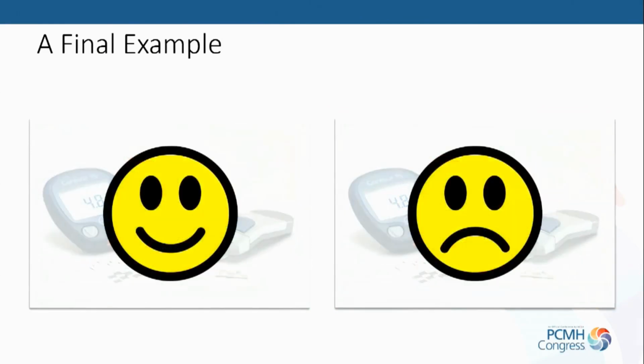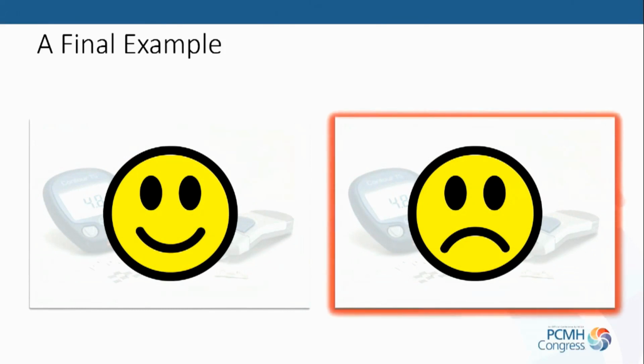So it turns out that that person on the right just lost her job. She lives in a food desert, so she doesn't have access to affordable, healthy foods. She's not going to be able to afford her insulin for much longer, and she's probably going to be evicted here soon. So now, knowing that, here again, I think we can say that that's probably going to be the higher risk patient that we deal with.